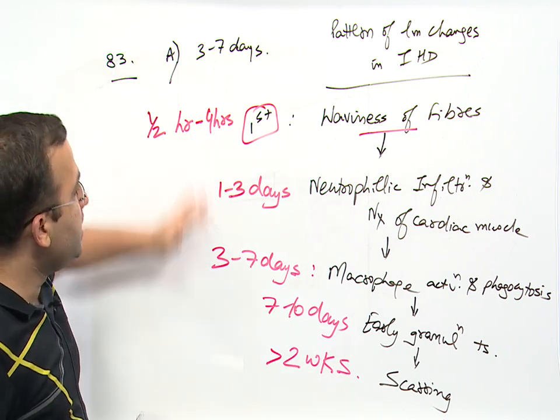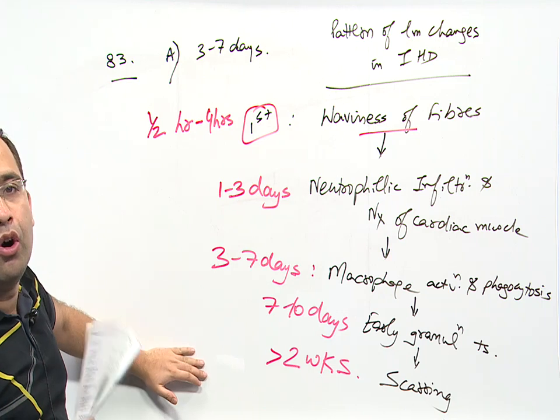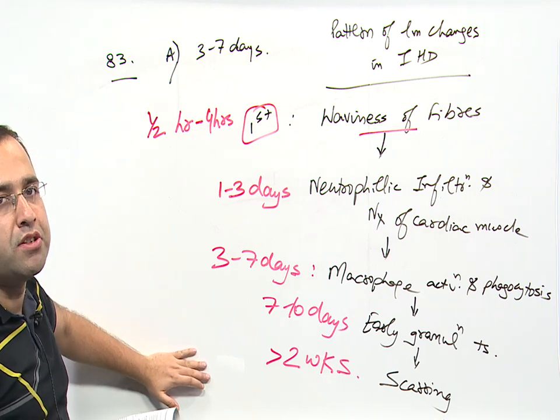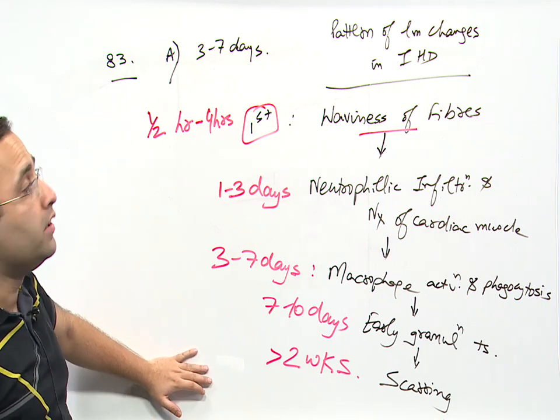So, these are the pattern of light microscopic changes in ischemic heart disease.